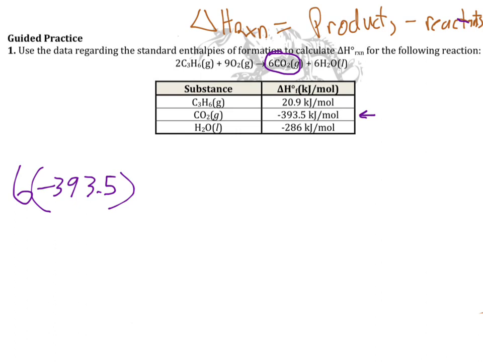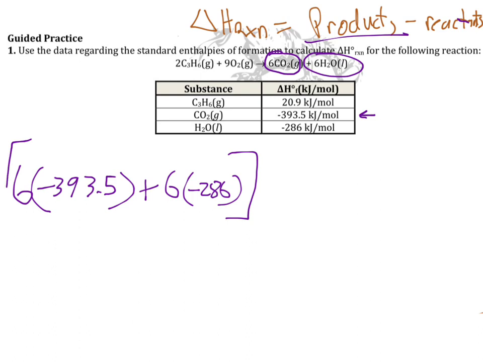So we have this, plus we also have this particular substance as well, water. So we have water as a product there. And so water is going to be negative 286, and we multiply this one by 6. So again, it's the products added together, and so that's what we just did right there.